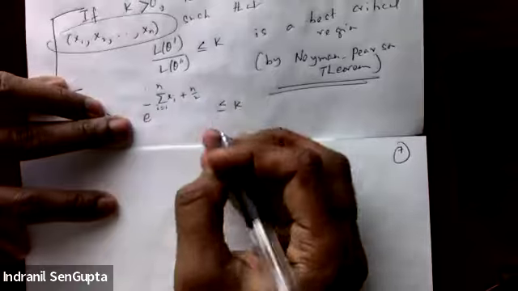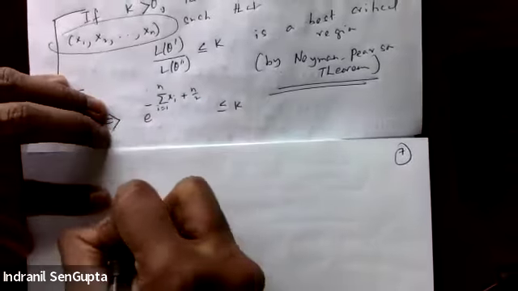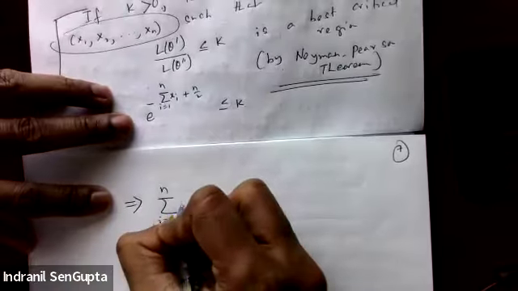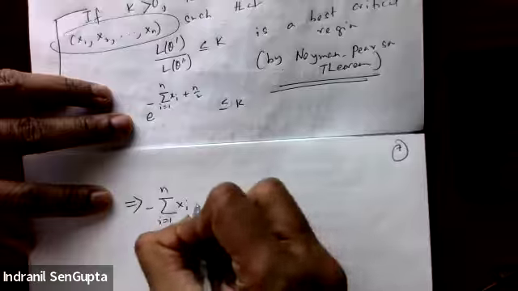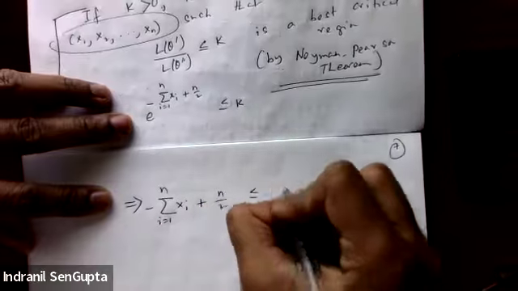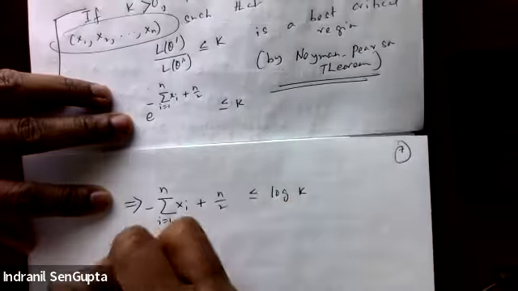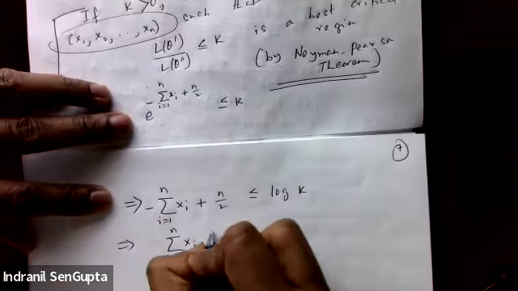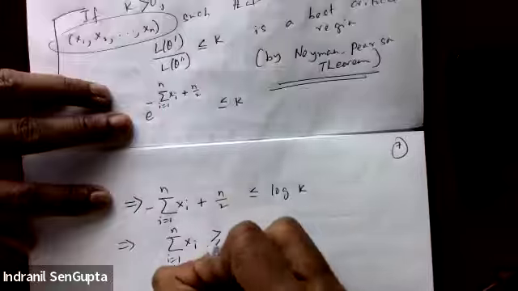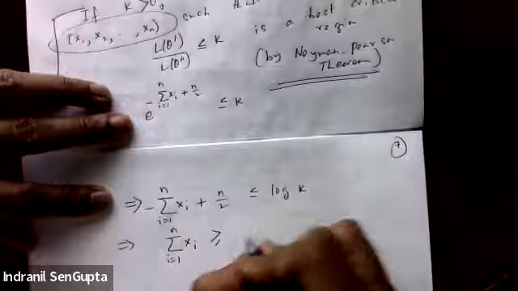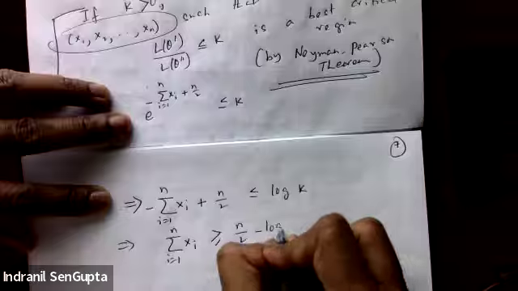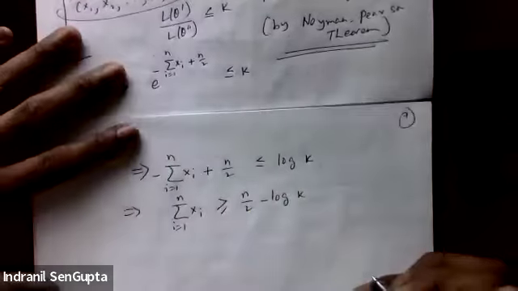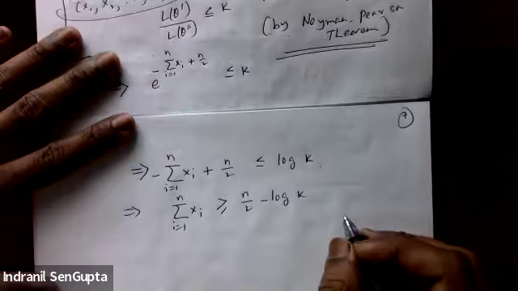If I take the log and simplify, I have the sum from i equals 1 to n of xi plus n over 2 is less than log of k. So the sum of xi, if I multiply, is bigger than n over 2 minus log of k. So this is the best critical region, right?